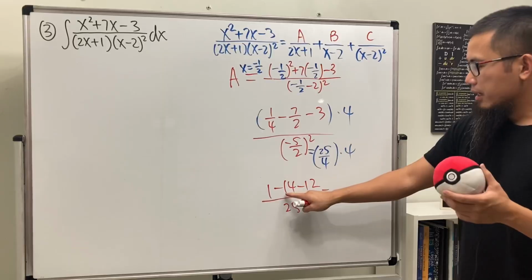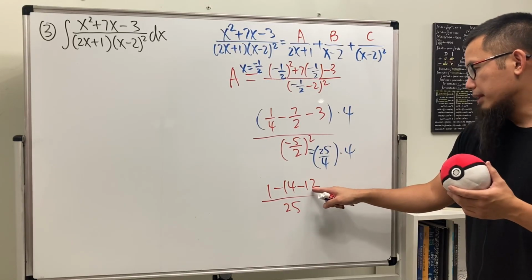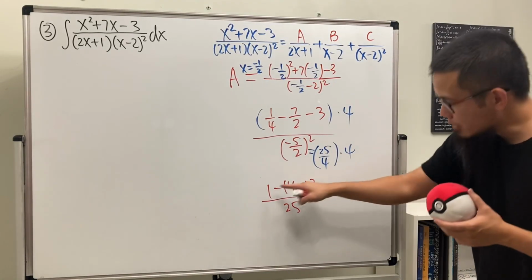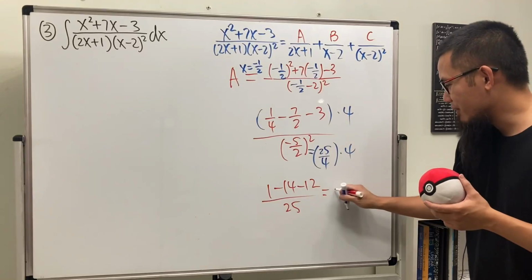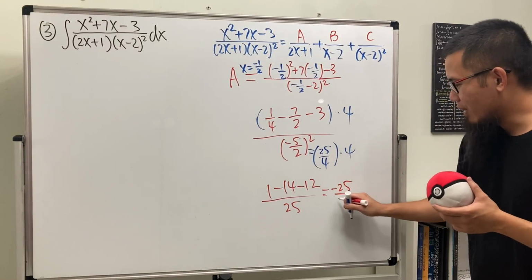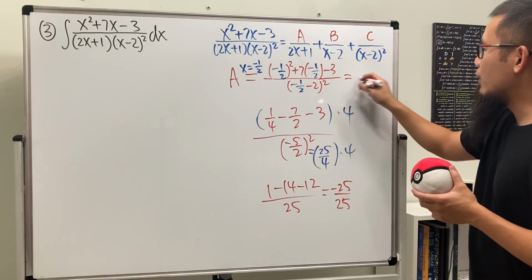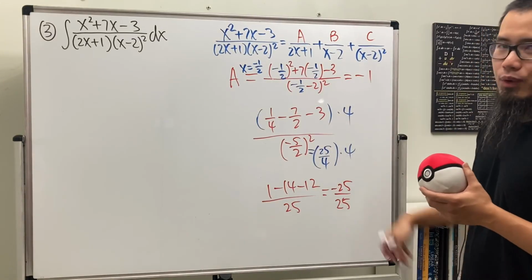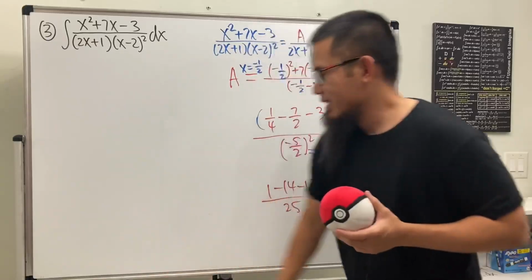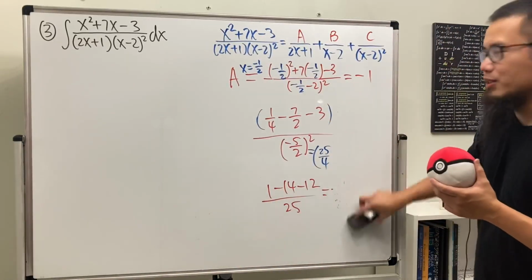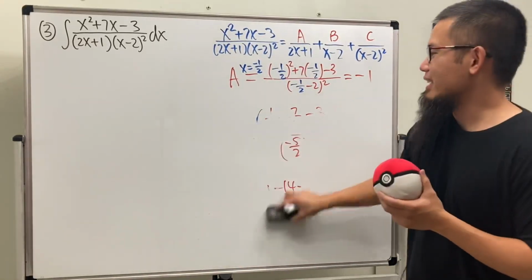Okay, let's see. This minus that is negative 26 plus 1 is negative 25 over 25. Hey, what do we have? Yeah, work this out, we will end up with negative 1. I know, all the work for negative 1. Yeah, but it's just arithmetic, so not so bad, right? Not so bad.